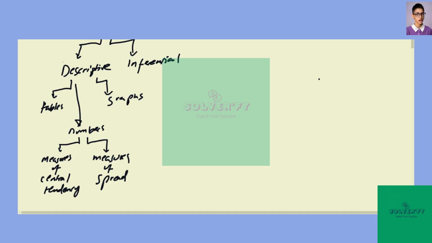And then when it comes to your graphs, you have quantitative graphs and qualitative graphs. So these are two types of graphs that you can come across.